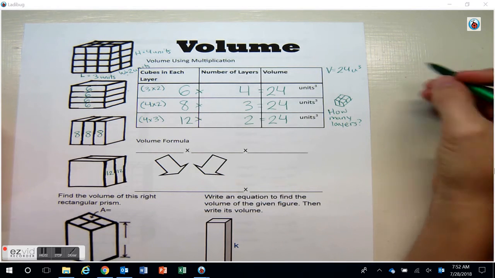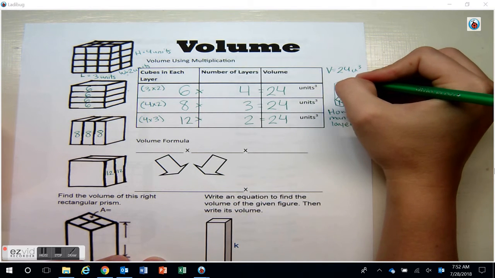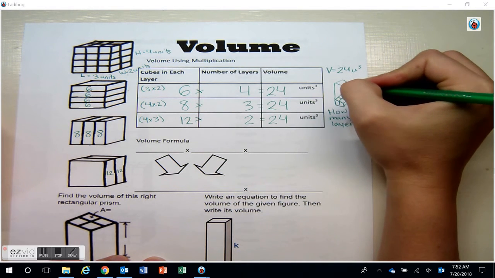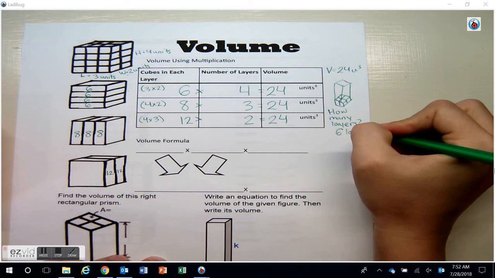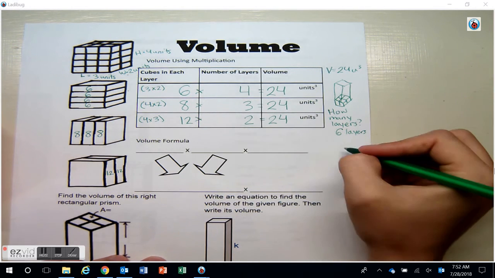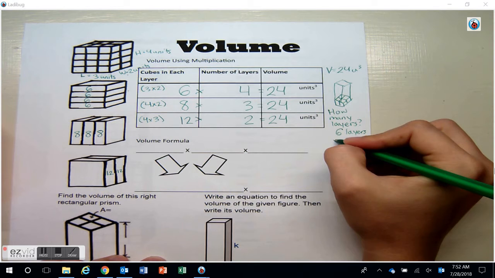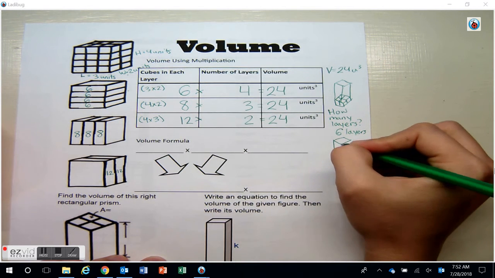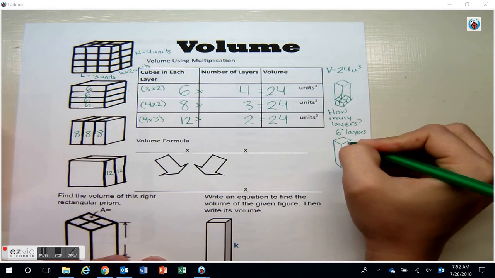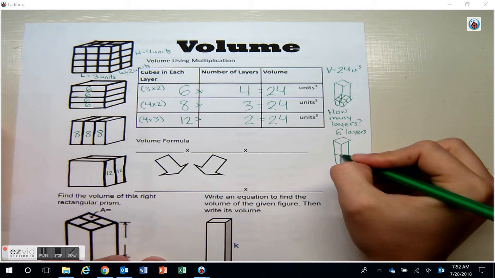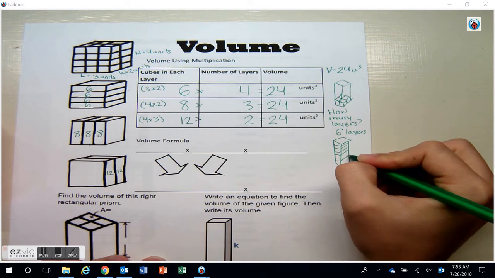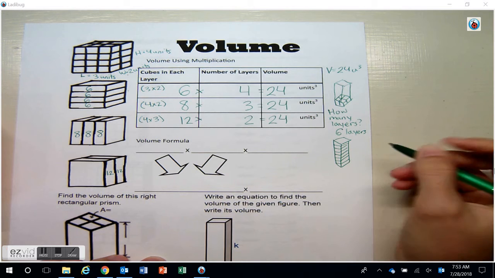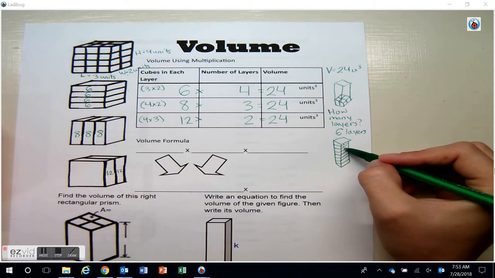How many layers must this prism have if it has a bottom layer of 4 cubic units but still has a volume of 24 cubic units? Maybe some of you figured it out. It would have a volume of 24 cubic units, giving us 6 layers.